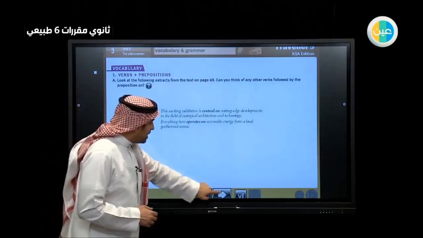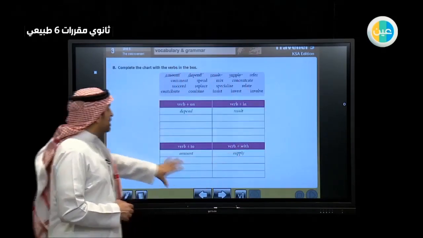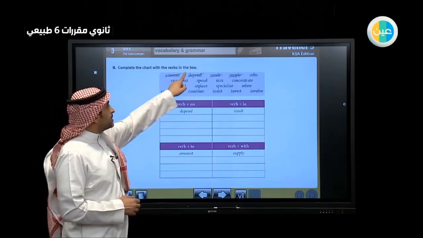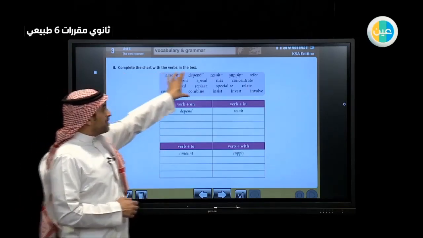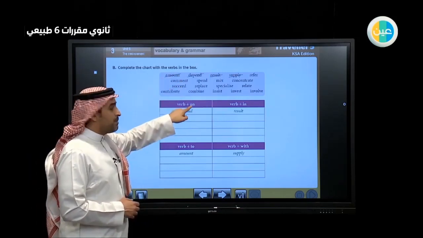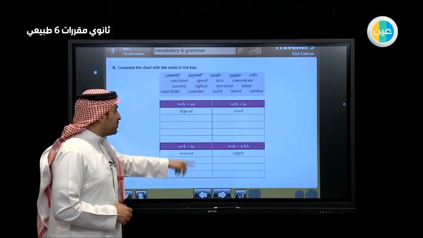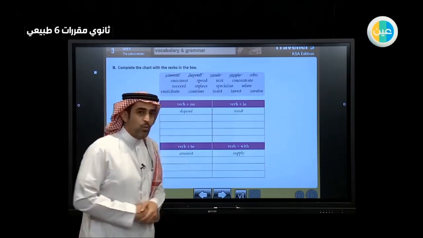We will take this practice, which is about the verbs. Read the verbs in the box. Some of them are followed by on, others by in, others by to, and the last by with.